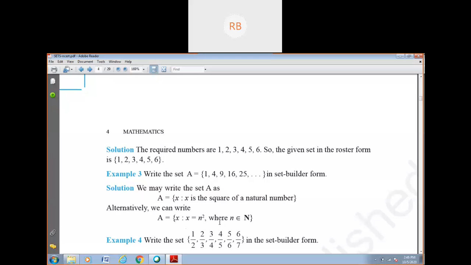It's almost the end of the session. So we have discussed the representation of sets. One is roster or tabular form, another is set builder form. In roster form, we just have to write the elements using commas within curly brackets, and in set builder form, within curly brackets compulsorily, and the structure of writing the set is a little bit different.